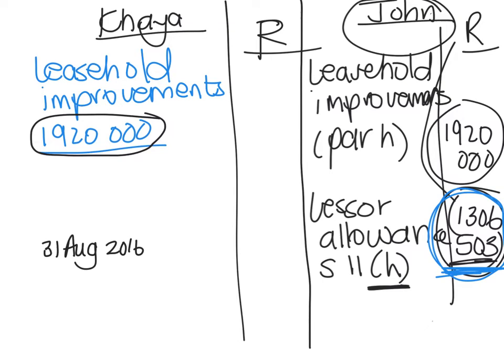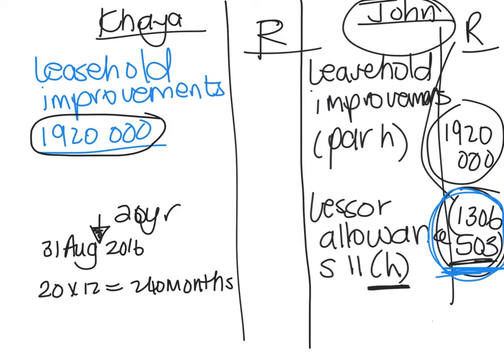Now, I need to work out on that date how many years of the 20-year lease agreement is still over. Now, like I said in class, I prefer to use months. So I'll go, right, let's take 20 multiplied by 12, which is going to give me 240 months.